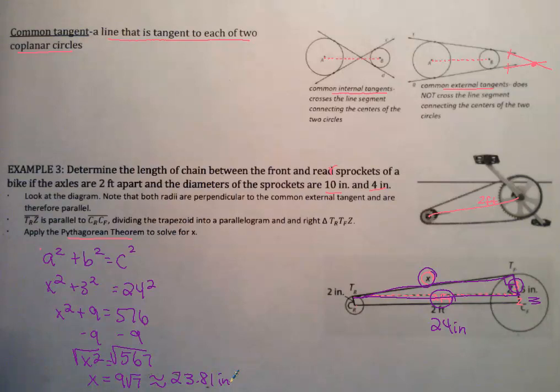I said, what would it be, 9 times the square root of 7. So 9 times the square root of 7 is the exact answer. I wanted that exact answer first to remind you: if you get that weird looking number, convert it to a decimal to give me the approximate.